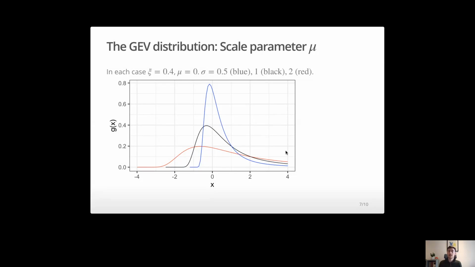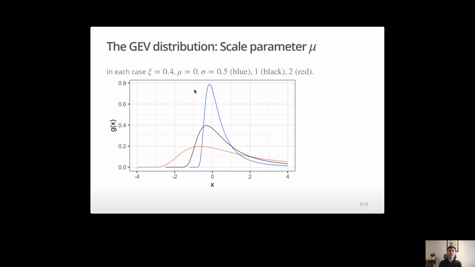And finally, the scale parameter, and this should say sigma up here. What we're going to do here is consider fixing the shape parameter and the location parameter and increasing or decreasing the scale.